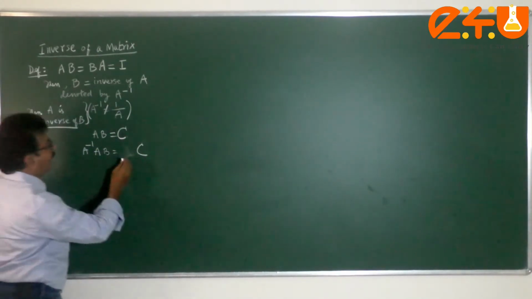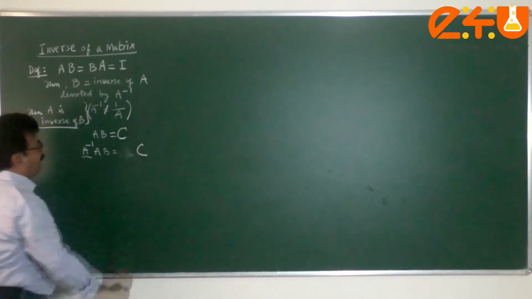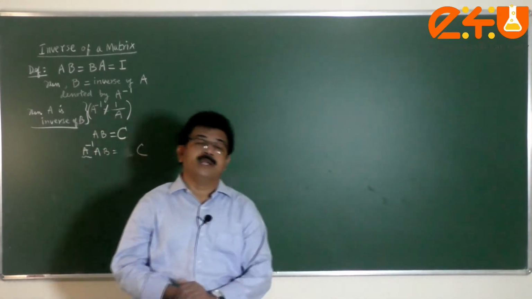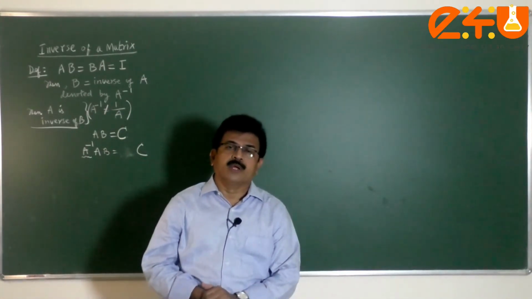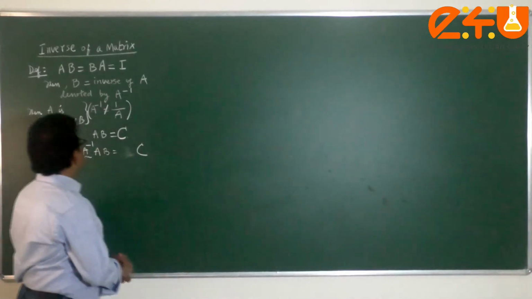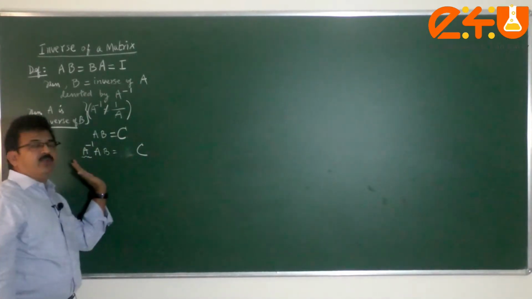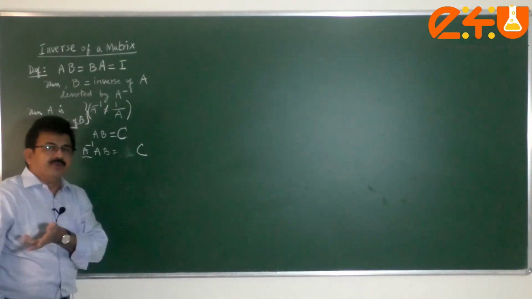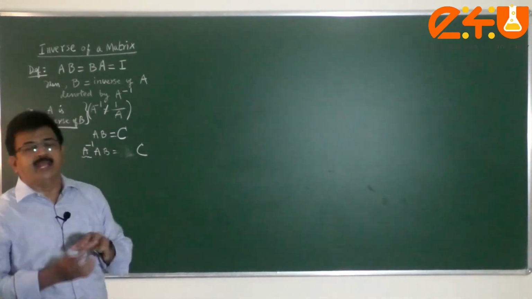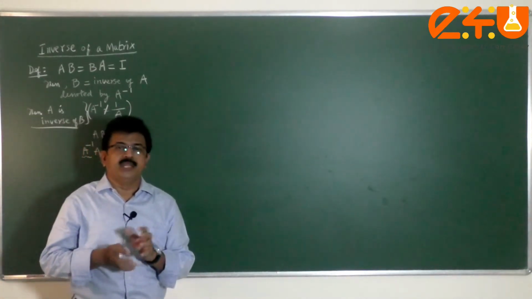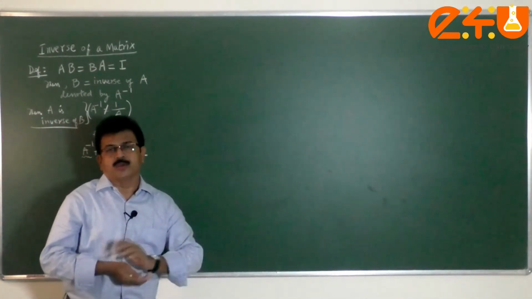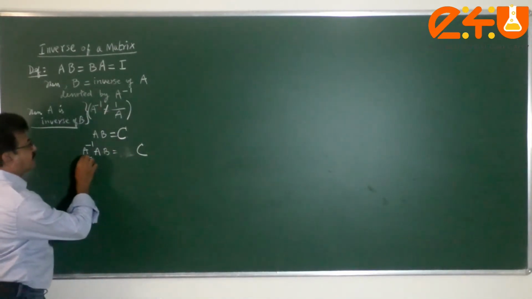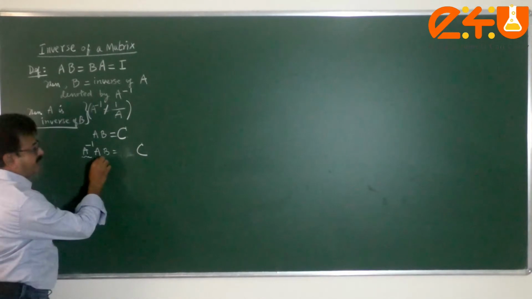Probably I am using this word pre-multiply for the first time, and the students are wondering what this all means. There is definitely a difference between pre-multiply and post-multiply, because of the simple reason that multiplication of matrices is not commutative. So let us simply write like this: A inverse times AB.